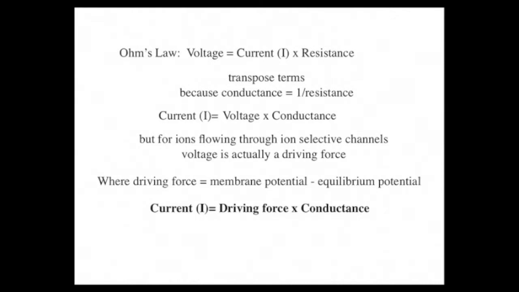But we're dealing here with ions flowing through ion-selective channels. Therefore, voltage is actually a little bit different. It's called a driving force. And the driving force is equal to the membrane potential minus the equilibrium potential. So the current flowing through an ion channel is equal to the driving force times the conductance.